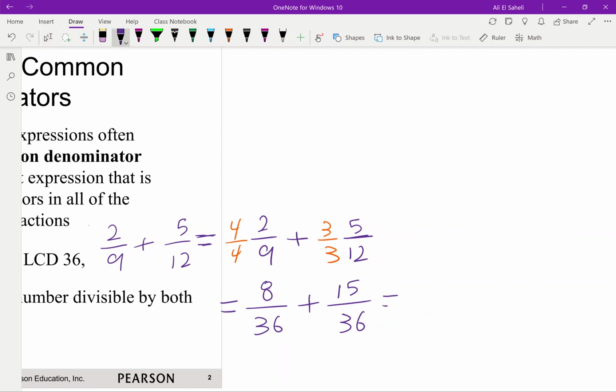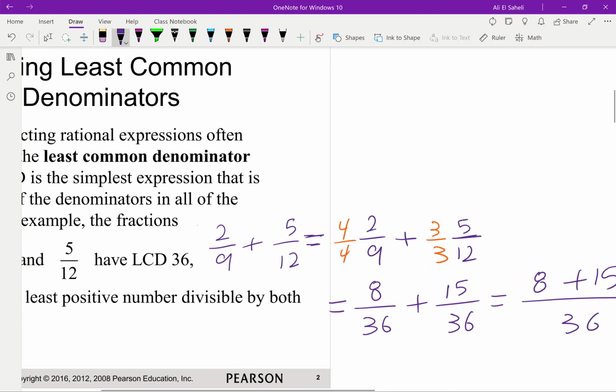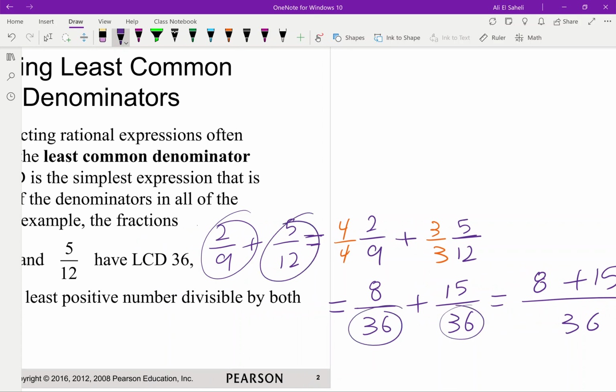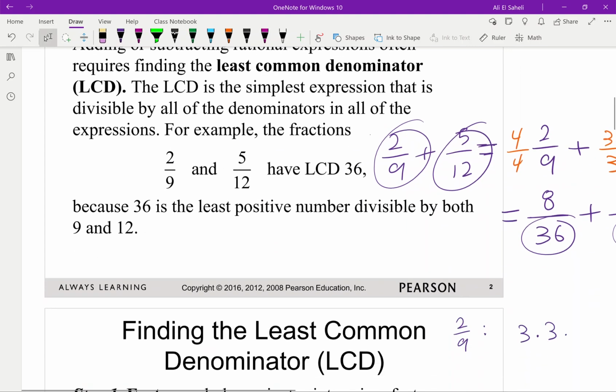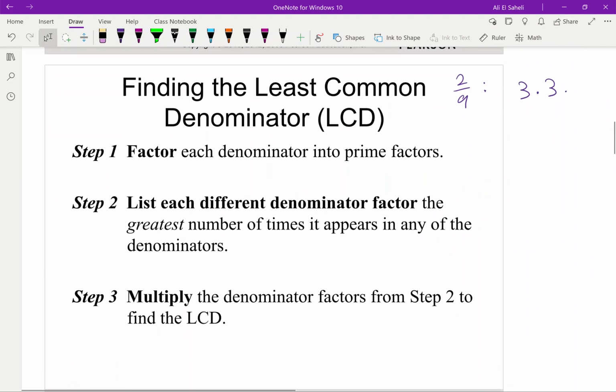Okay, so we simply add the numerators, which is in this case 23 over 36. You cannot add fractions unless you have the same denominator. That's why we need to find the least common denominator.